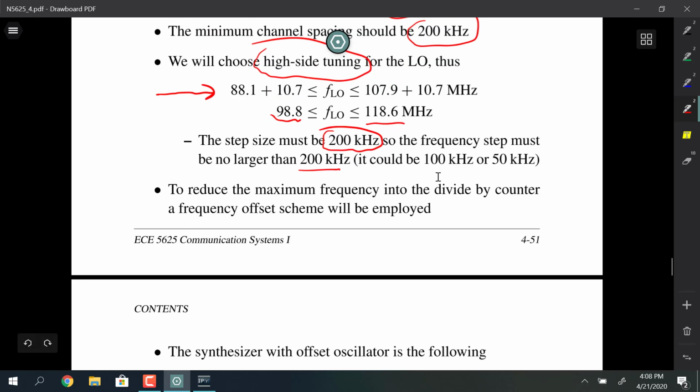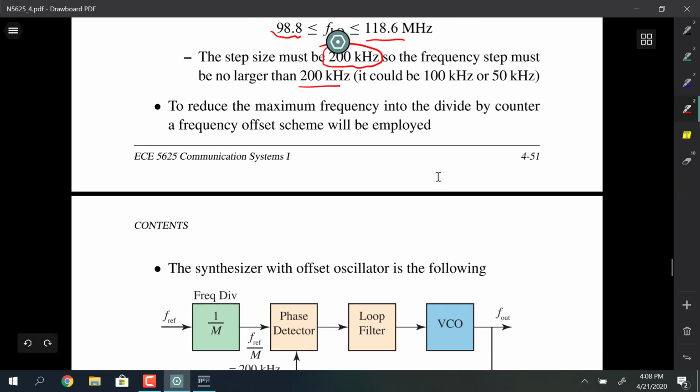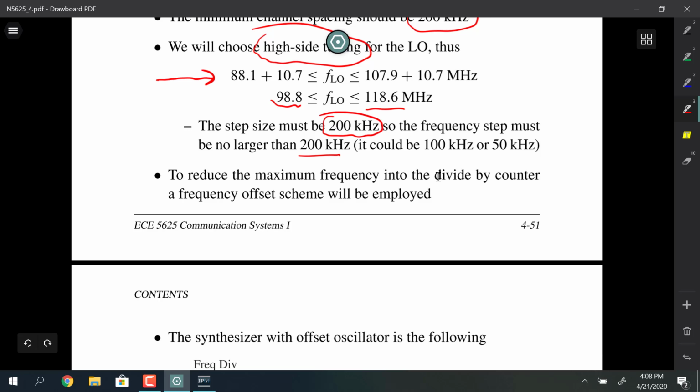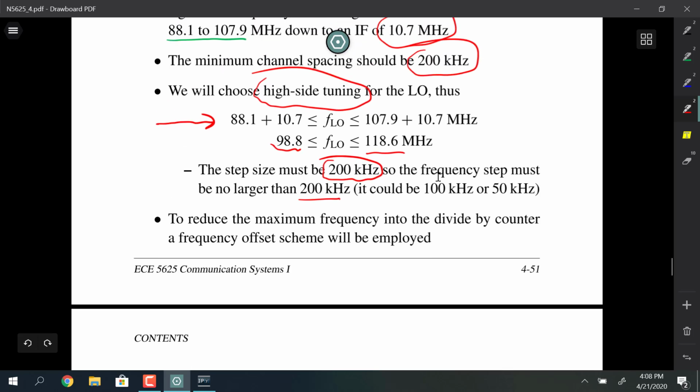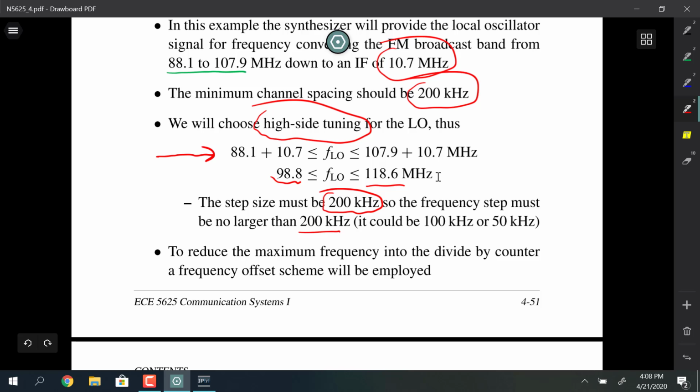So I'll go with 200 kilohertz. Now, the last thing that's in here that I didn't actually work out is what values of N we need to have. So we need to figure out how that's going to work.